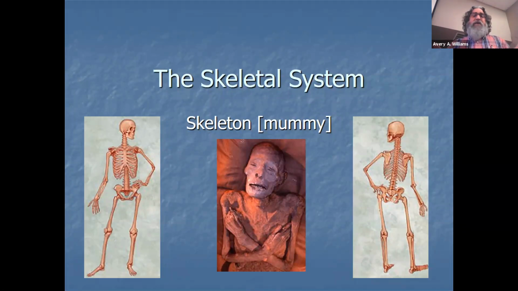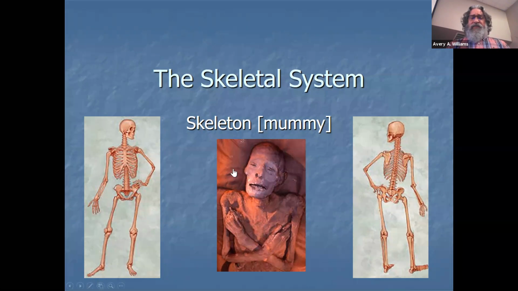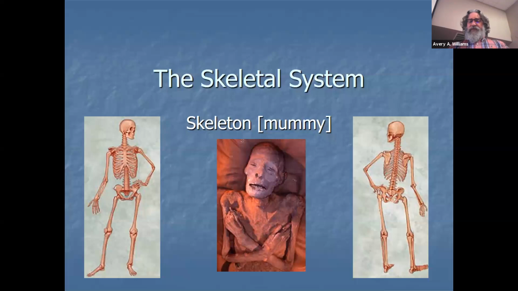But if you look at a mummy, like they would find in the pyramids of Egypt, I think everybody's seen a mummy before. It's dried up, desiccated human remains. And basically the form you see is just the collection of bones, the skeleton. And so this is my first slide.